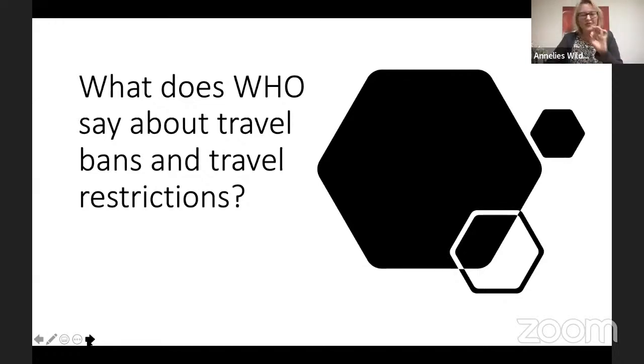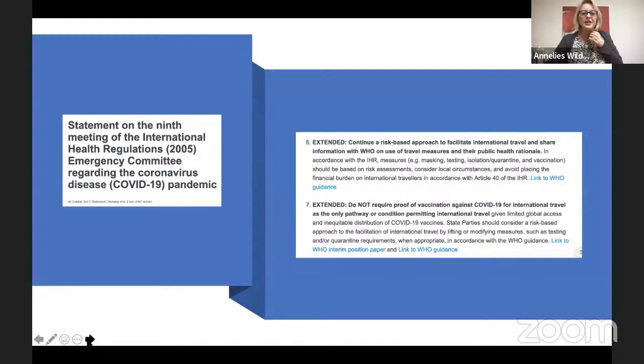WHO was severely criticized last year for not being more proactive in advising travel bans and travel restrictions. And just as proof, here is the IHR. They meet very regularly to continue declaring the current epidemic a public health emergency of international concern.